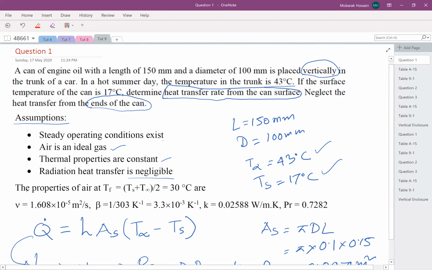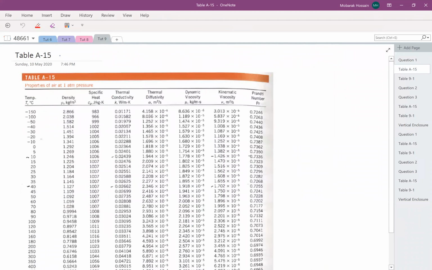Now we will find the properties of air at the film temperature, the average of surface air and the environment air, which is 30 degrees. Now the property table for air is, say, table A14 or A15, properties of air at 1 atmosphere pressure at 30 degrees Celsius.